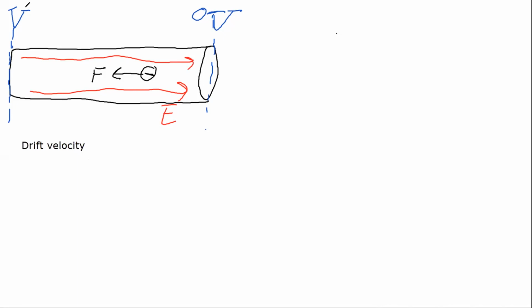And we calculated drift velocity to be related to e, the charge of an electron, 1.60 times 10 to the negative 19, times tau. Tau is a time between collisions, right? So this electron is bouncing around, and I think I showed you guys a picture with this.